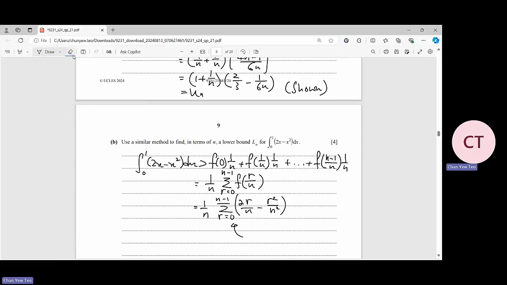Your r needs to start from 1. So what you need to do now is I separate it. I put 0 inside, I get a 0. After I put 0 inside, now I count from here as a 1.